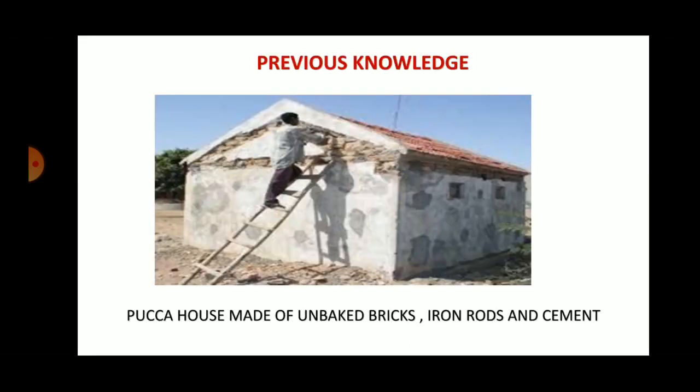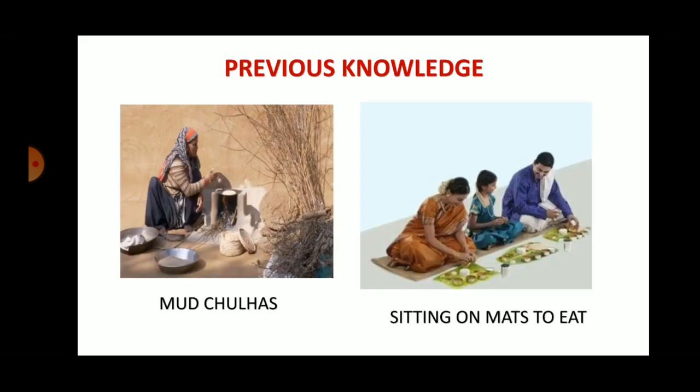In our previous class, you have learned that pakka houses made of unbaked bricks, iron rods, and cement were popular in the old Indian villages. People used to cook food in mud chullas where firewood was burnt. People used to sit on mats to eat.